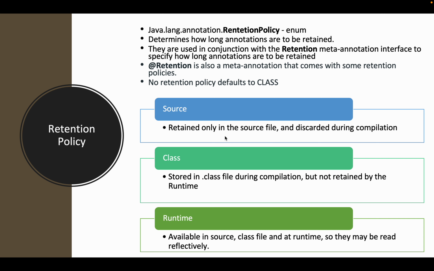There's what we call the retention policy, and when you're using annotations, you can find it inside java.lang.annotation.RetentionPolicy. This is just an enum, and this enum determines how long annotations are retained. It is used in conjunction with the Retention meta annotation to specify how long annotations are to be retained.